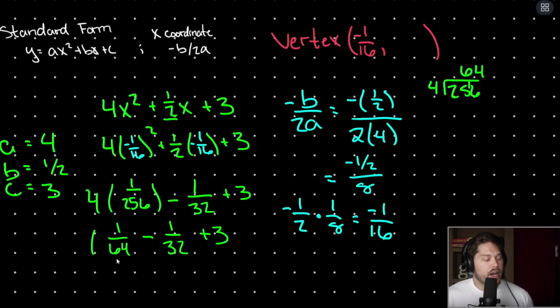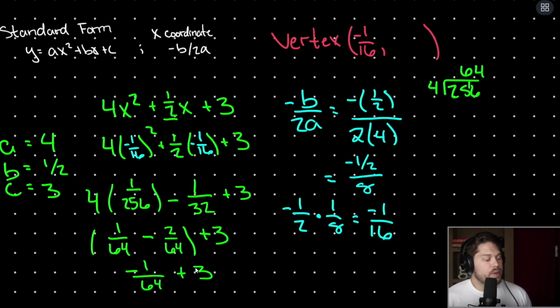So to combine fractions, we need to have a common denominator. So I notice that 64 is just 32 scaled up by a factor of 2. So I'm going to change the 1 over 32 to be 2 over 64. And so 1/64 minus 2/64 is negative 1/64 plus 3.